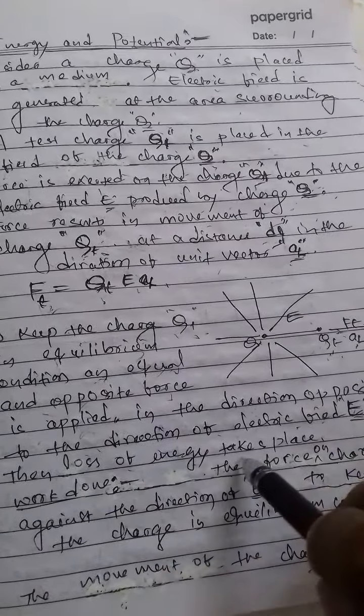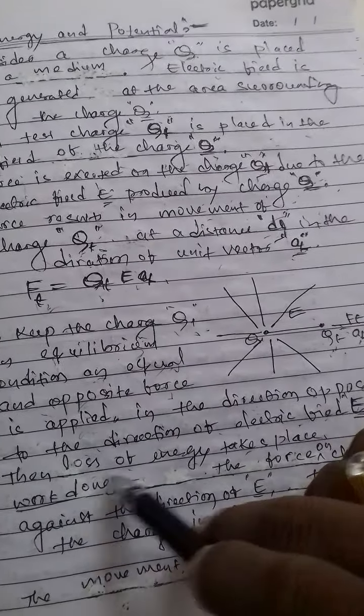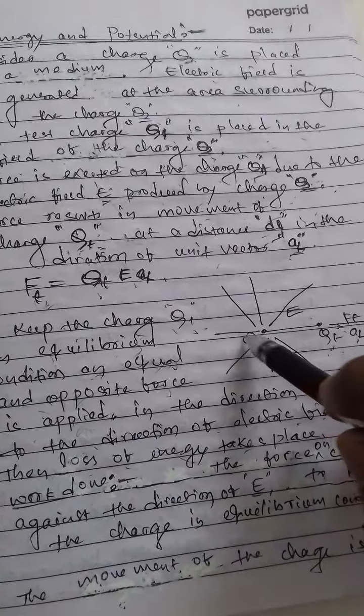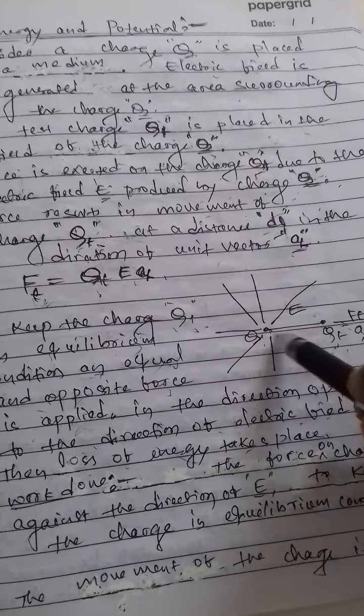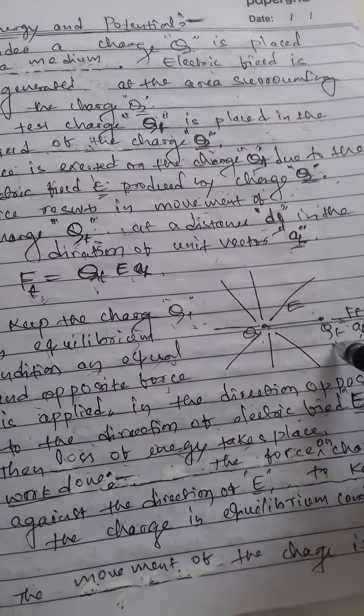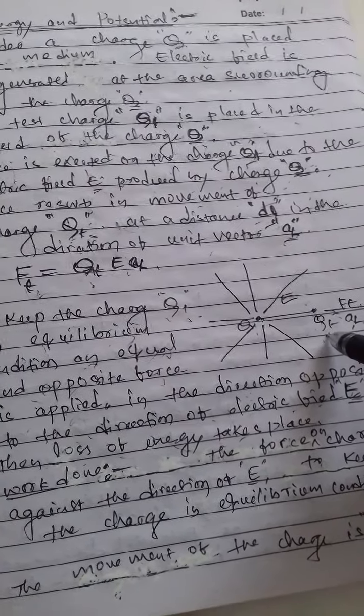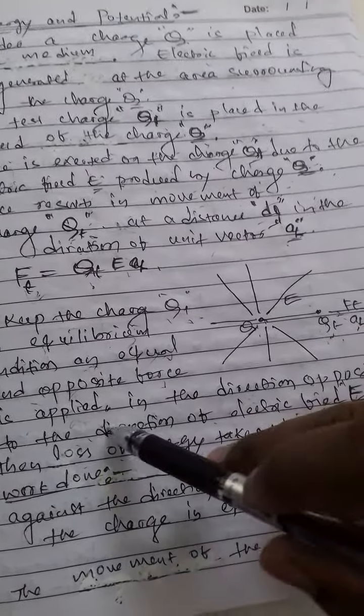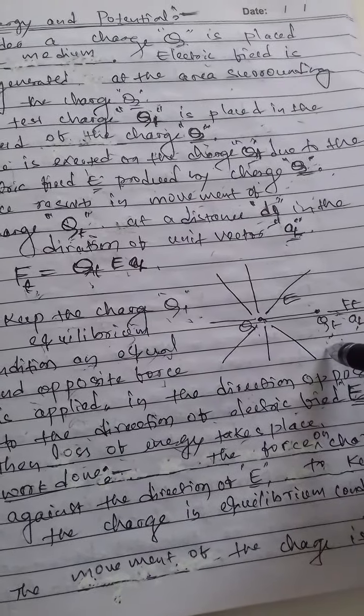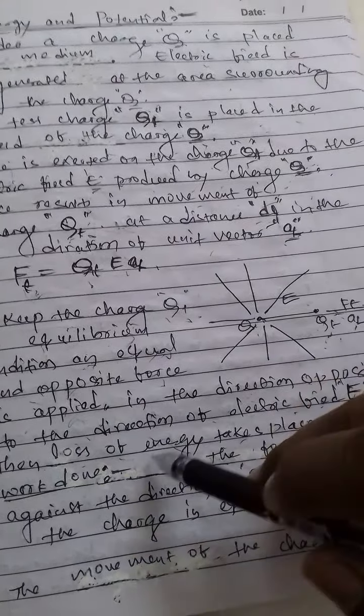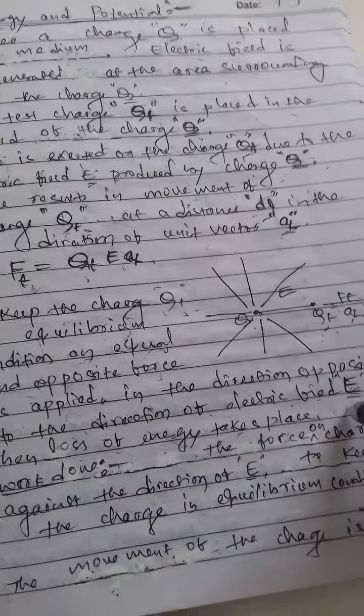Then a loss of energy takes place, because to keep this charge in equilibrium, an equal and opposite force is applied to this test charge. That loss of energy is nothing but the work done.